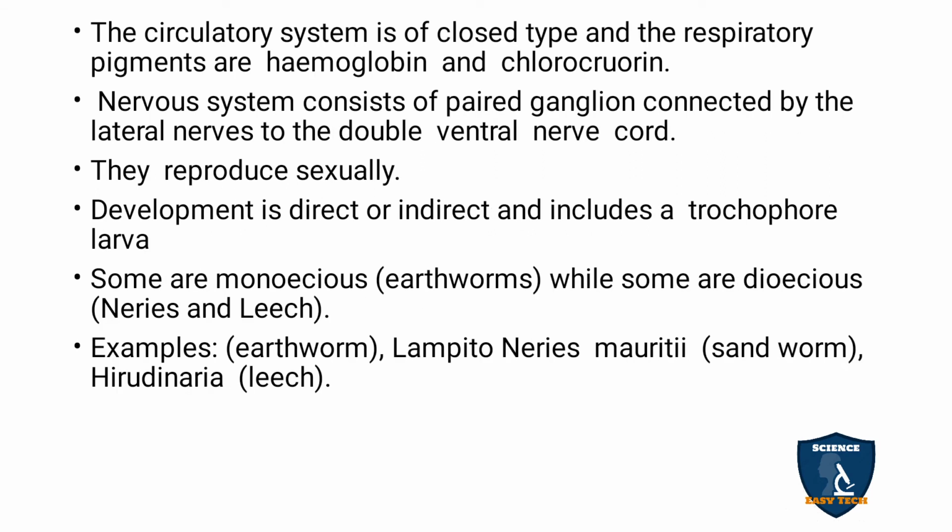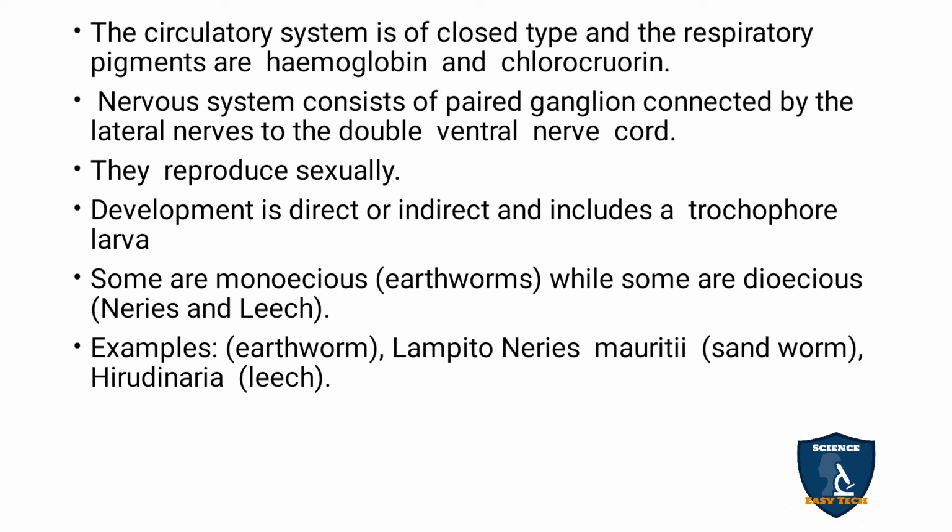The circulatory system is of closed type, and the respiratory pigments are hemoglobin and chlorocruorin. That is, the circulatory system is closed type, meaning it has a separate system like ours, but ours is more advanced. Closed type means having separate pipeline-like structures, that is, blood vessels.